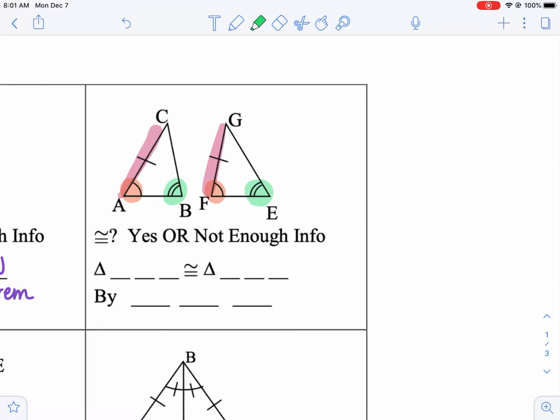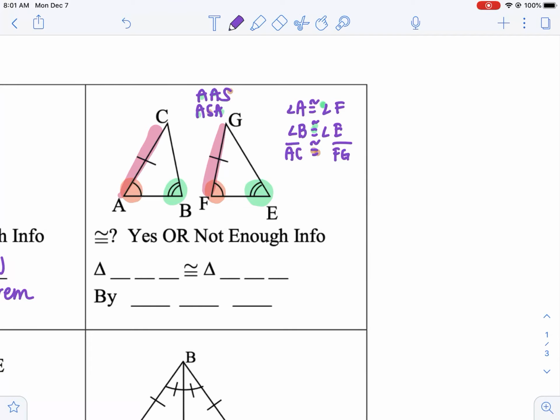Knowing that angle A is congruent to angle F, angle B is congruent to angle E, and that side AC is congruent to FG, we are going to have some form of angle side angle or angle angle side. We just have to figure out which one that is, because we've got two angles and one side, or two angles and one side. So we just have to figure out the order.